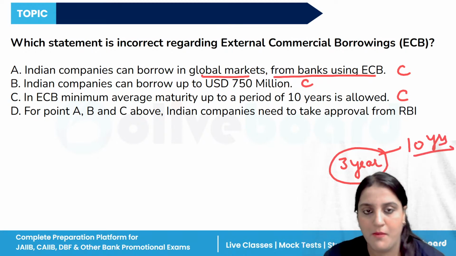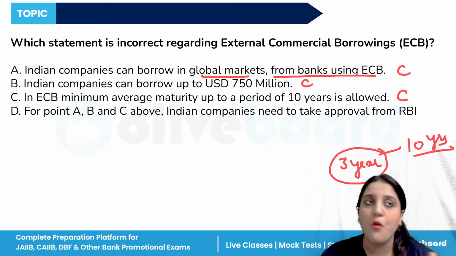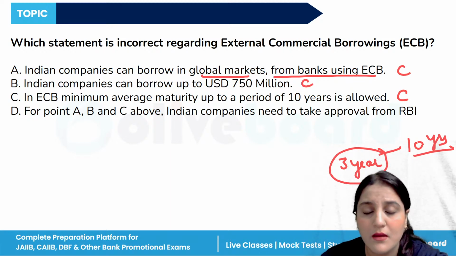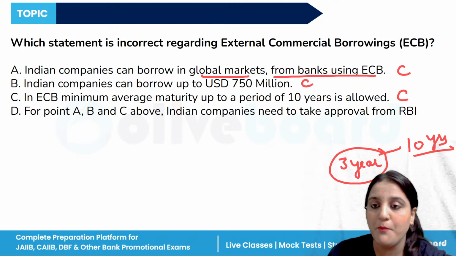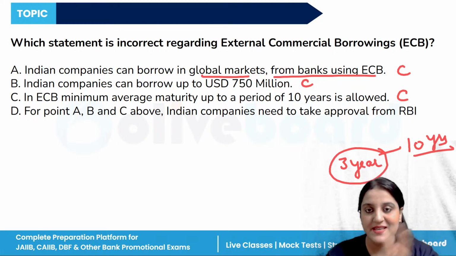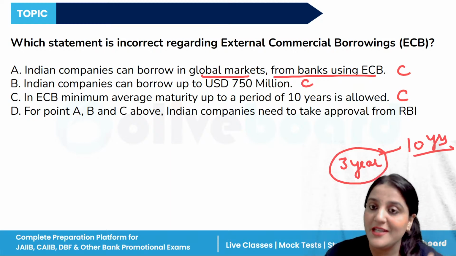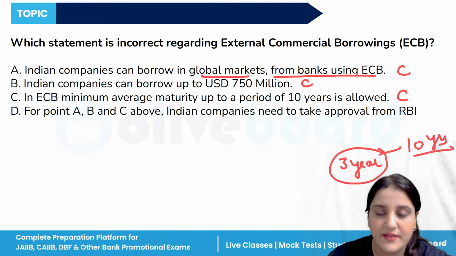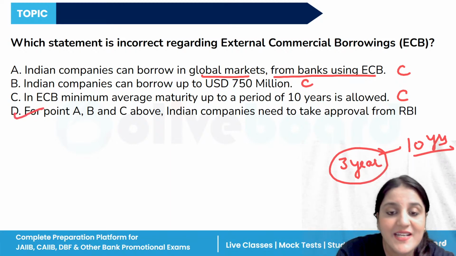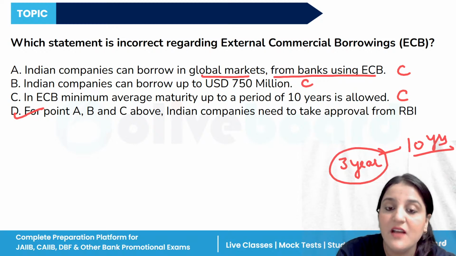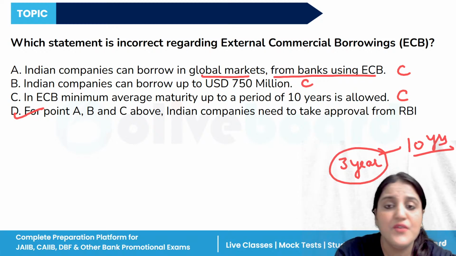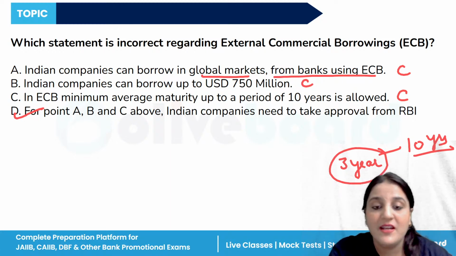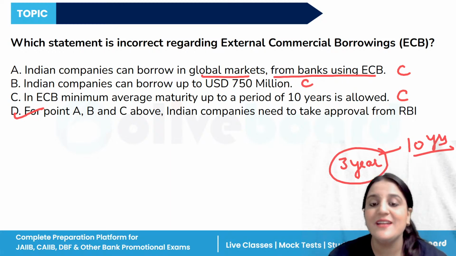And if we talk about option D, it says that for the points A, B and C, Indian companies need to take approval from the RBI. This is incorrect, because under the automatic route, Indian companies can raise ECBs without needing any prior approval from the RBI, provided they meet certain conditions.